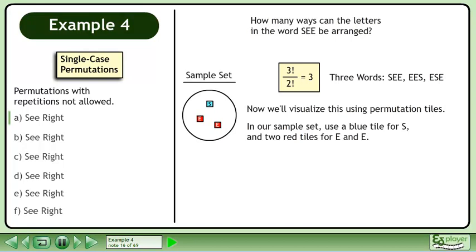Now we'll visualize this using permutation tiles. In our sample set, use a blue tile for S and 2 red tiles for E and E. Set up positions for the 3 letters. There are 3 letters available for the first position.